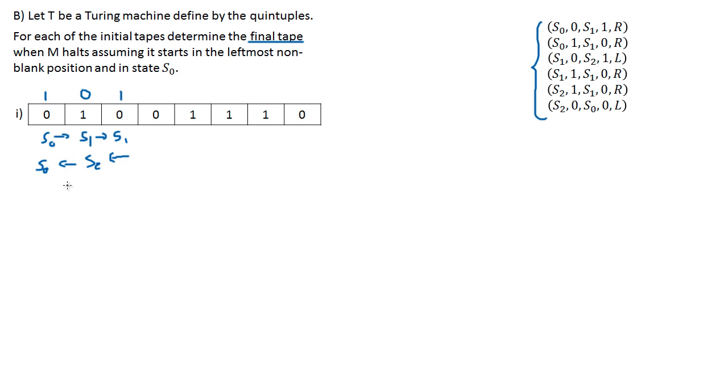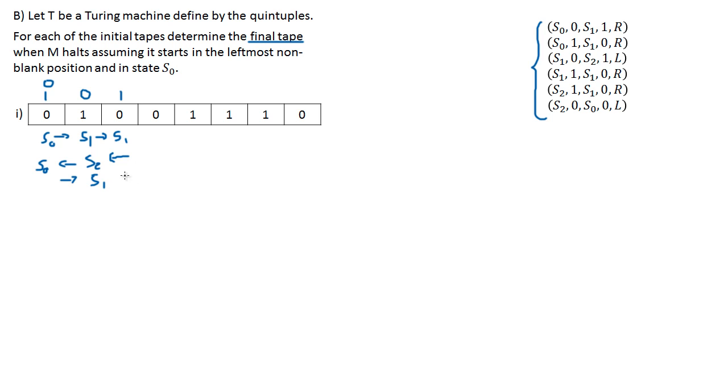Okay, so we're in S0. S0 1 tells us that we've got to go back to the right and make that value 0. We go to the right to S1.